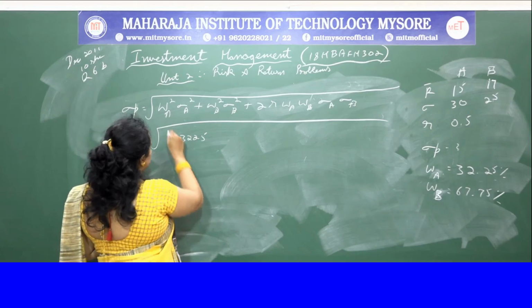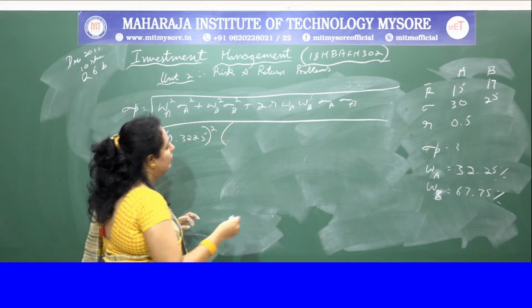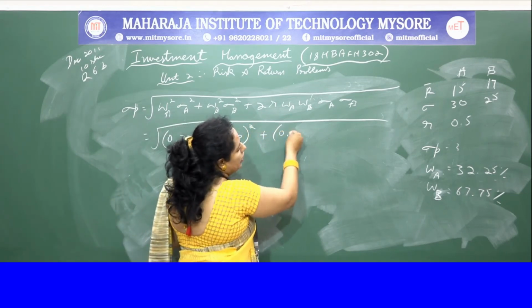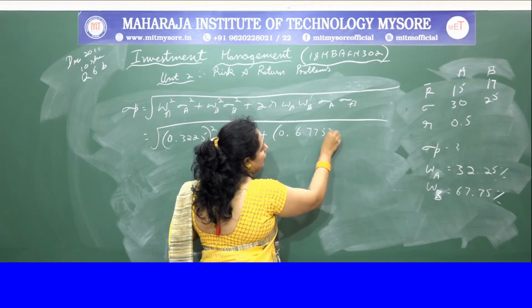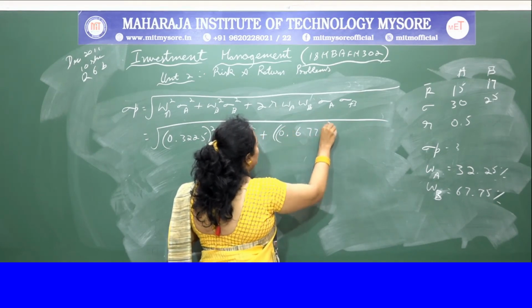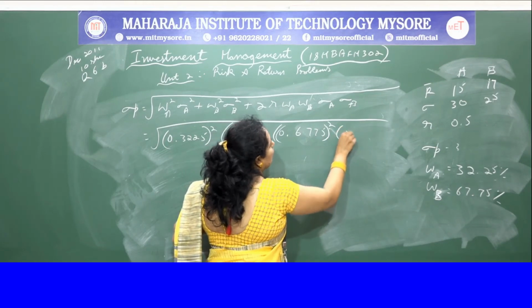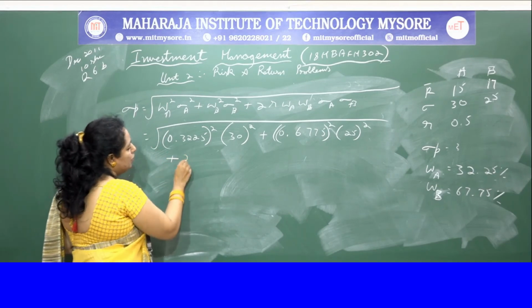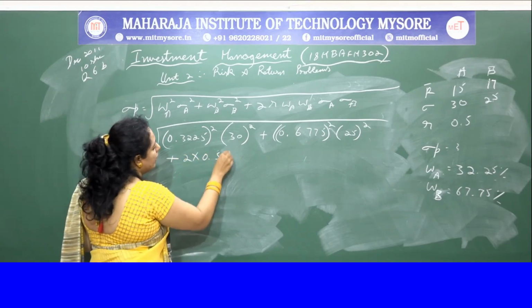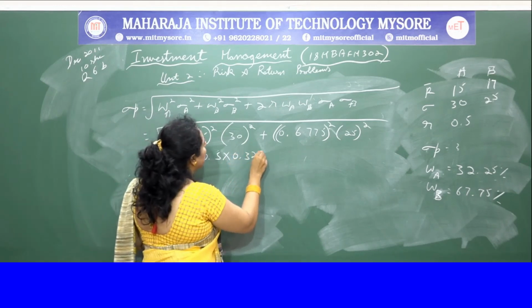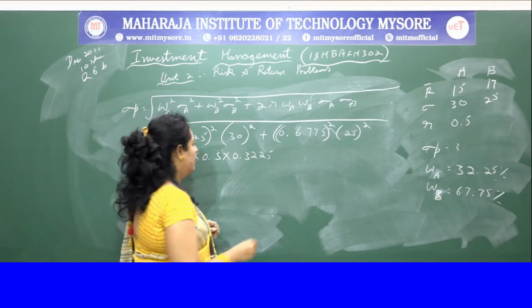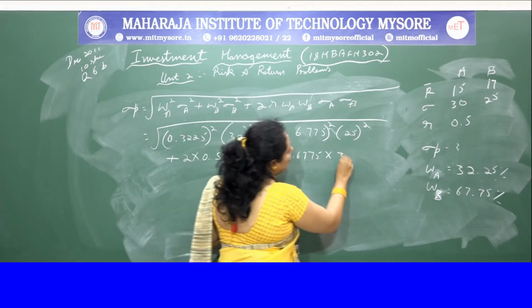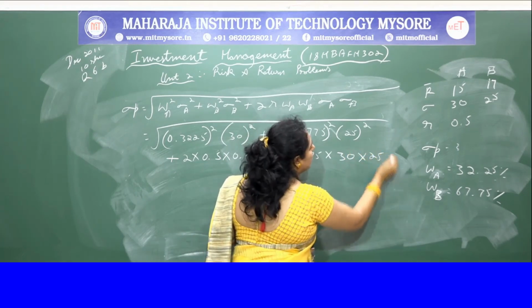So, 0.3225 square into 30 square plus 0.6775 square into 25 square plus 2 into 0.5 into 0.3225 into 0.6775 into 30 into 25.